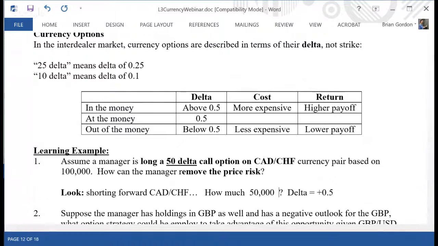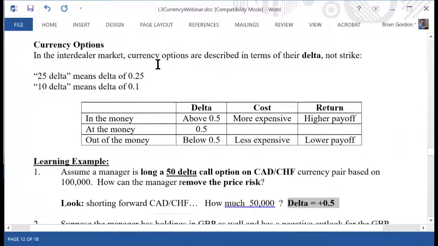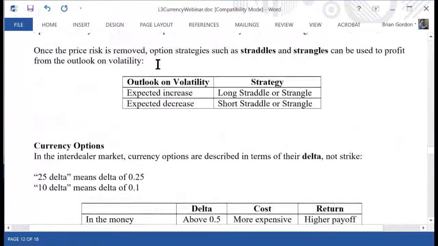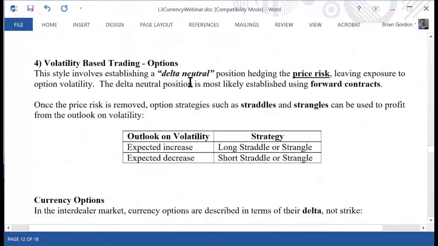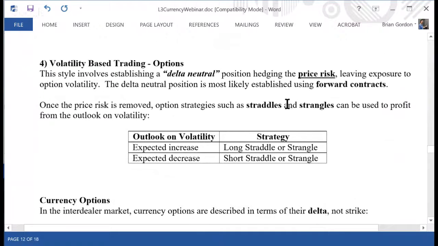This came from the delta. So we just have to put that together. Maybe this is a simplified example, but just the basics here. Delta neutral means we're removing the price risk. How do we remove the price risk? Well, here it is. We're going to use a forward contract.